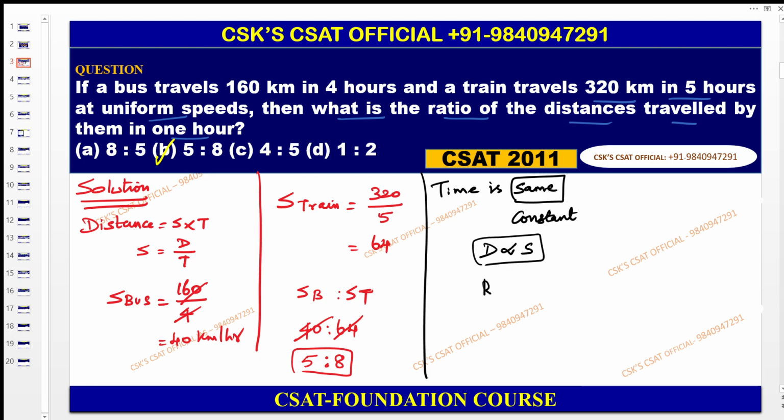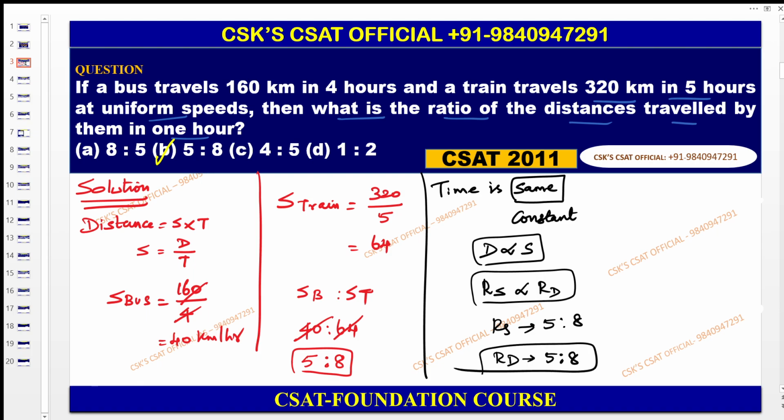So therefore the ratio of the speed is directly proportional to the ratio of the distance. So the ratio of the speed here is 5 is to 8. You can conclude that the ratio of their distance is 5 is to 8. Okay, this is elaborative, but you have learned these things in the foundation class itself. Okay, fine.